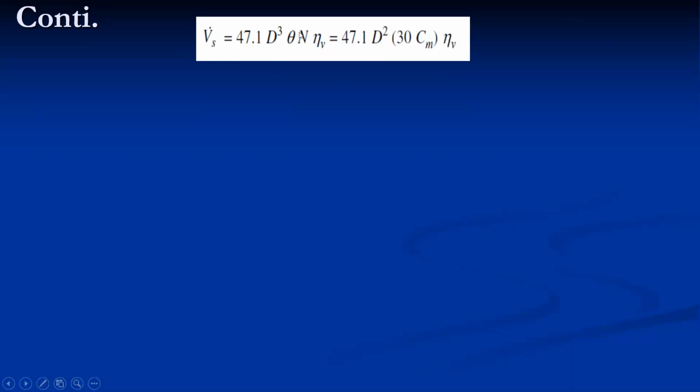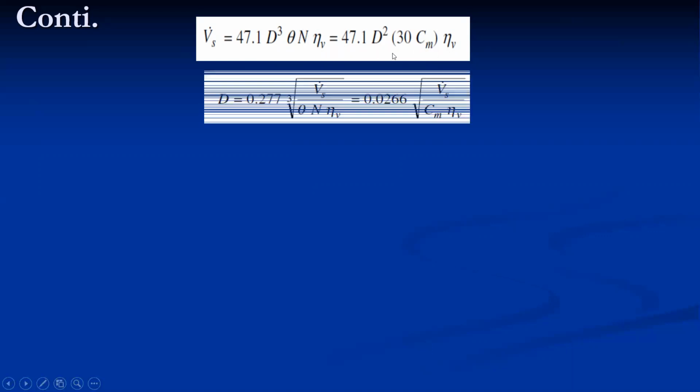Or in other words, instead of N we can write in terms of cm, so N by 60 is cm by 2L, and L and D get cancelled. So this is another expression we have.